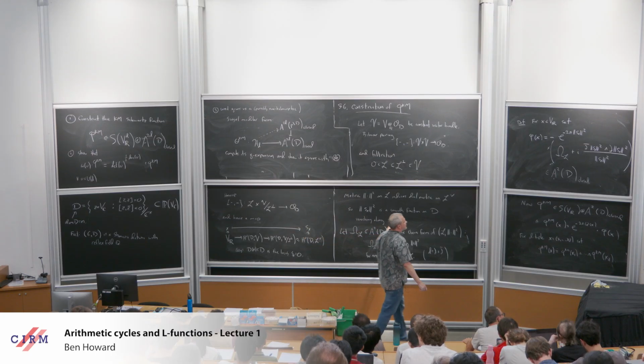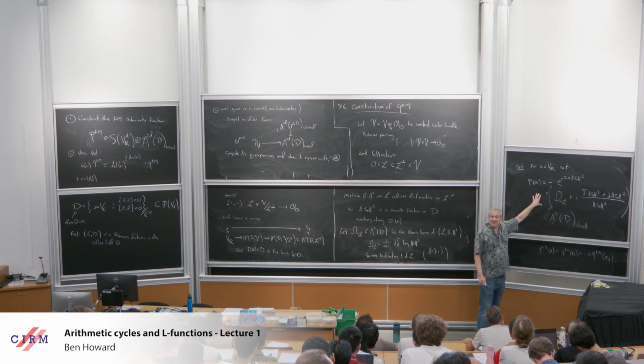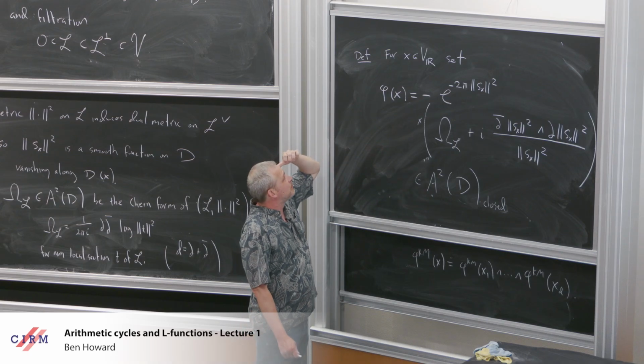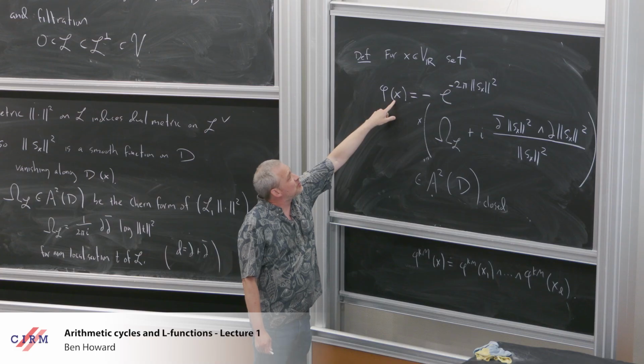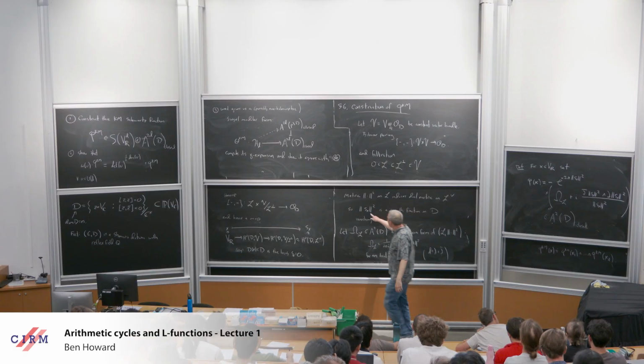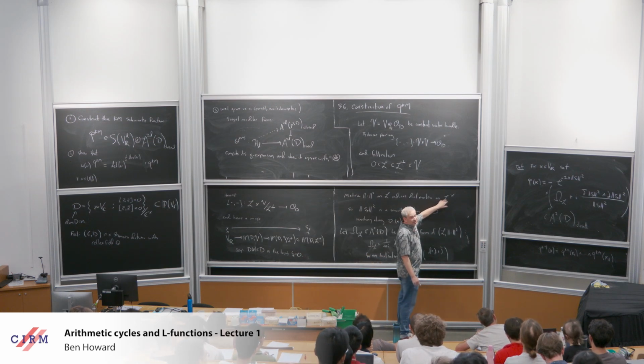I'm already like 2 minutes over time, but let me just say something about this, because if you stare at it long enough, it doesn't look quite so crazy anymore. You should imagine what happens. So my s_x is a section of this vector bundle, L check.